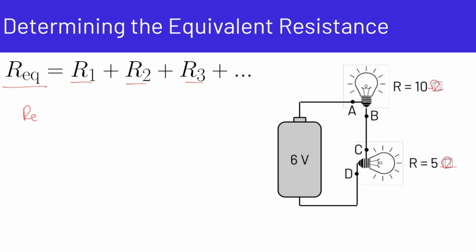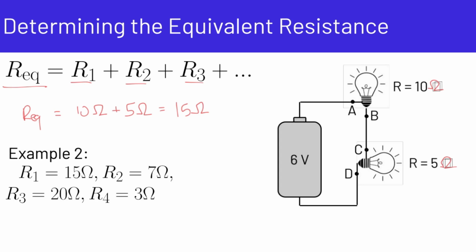So our equivalent resistance is going to equal 10 ohms plus 5 ohms. In this circuit on the right, the equivalent resistance is 15 ohms.